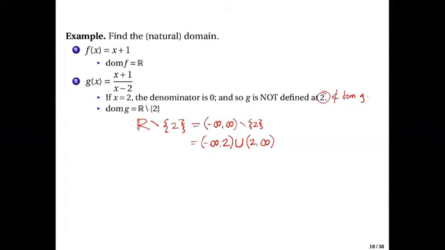I'm not sure if I already mentioned this symbol, but this symbol here means union. You combine the two. Remember this set here? If you wrote this graphically, you will have something like this.